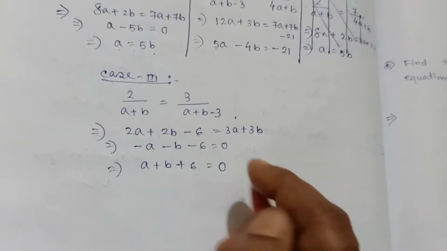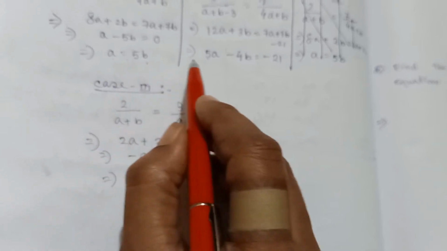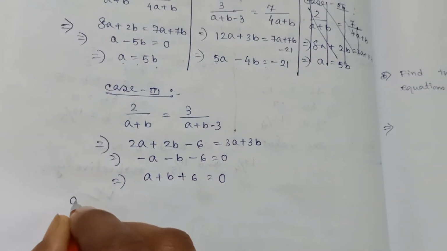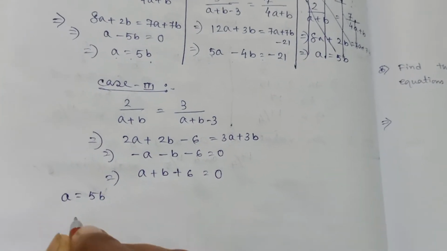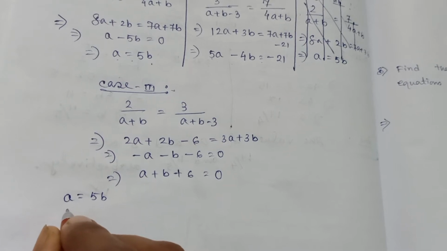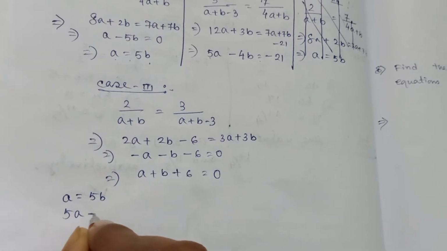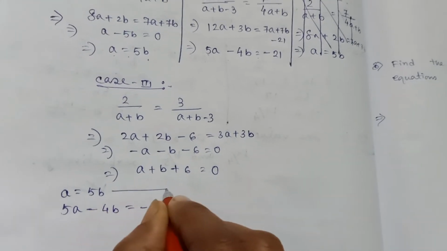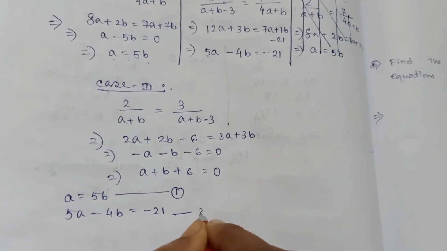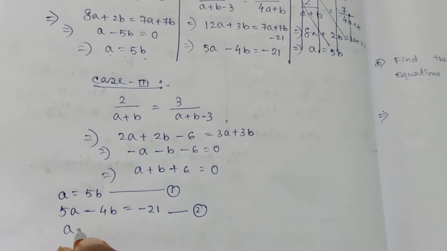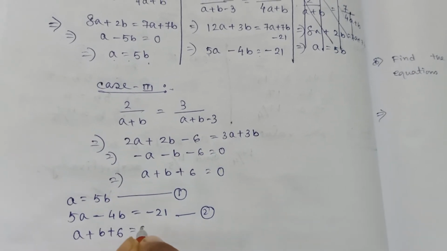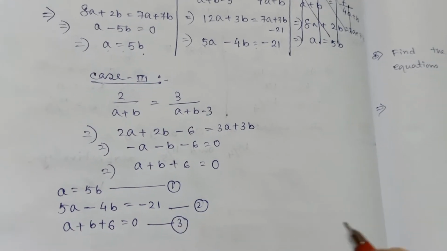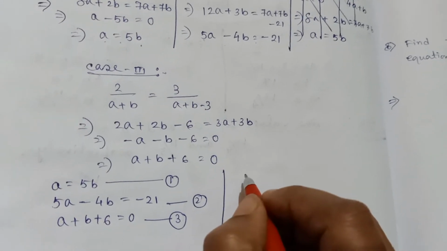Now we will write these three cases together. a equals 5b, 5a minus 4b equals minus 21. I'm giving this one as number 1, this one as number 2, and a plus b plus 6 equals 0 as number 3.